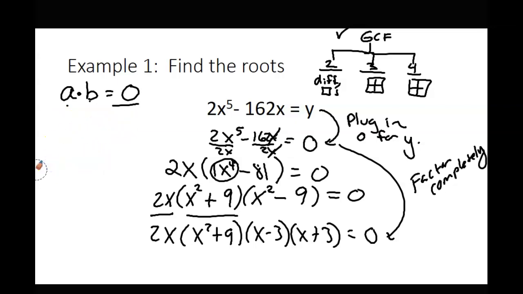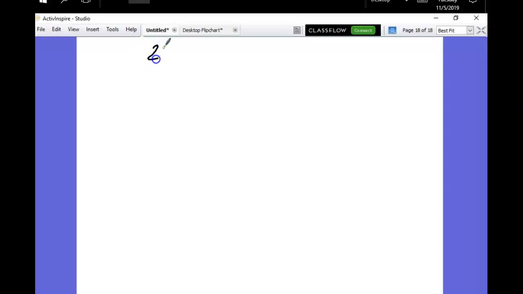So check this out. Step 1 gives me the 0. Step 2 changes it from being adding and subtracting into a whole bunch of multiplication. And now I can use the zero product property to solve for my unknown variable, right? So let's go ahead and write down step 3.